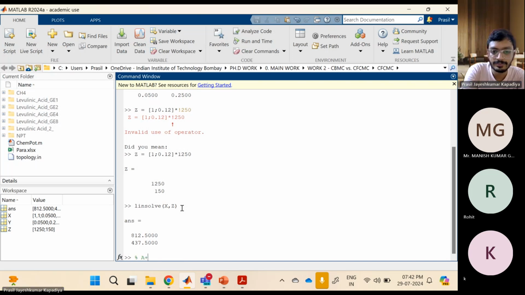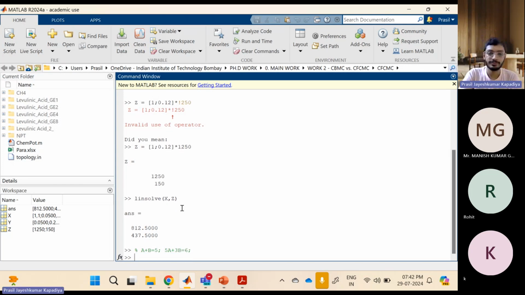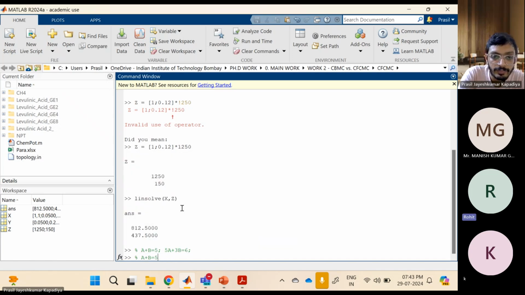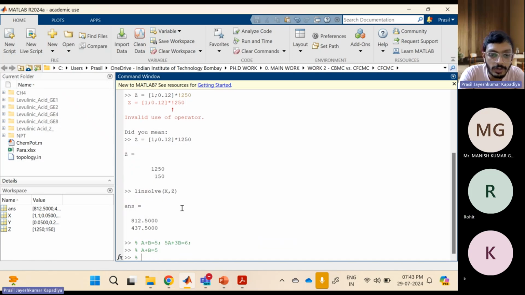Yeah, let's say I want to solve this equation. Can anyone help me? How can I solve it? Okay, let me write it down like this so it will be easier for you.